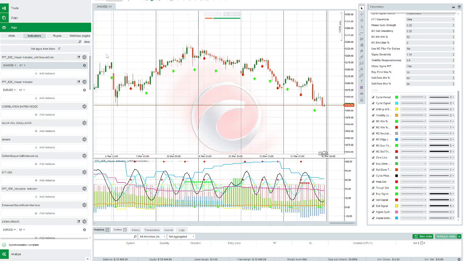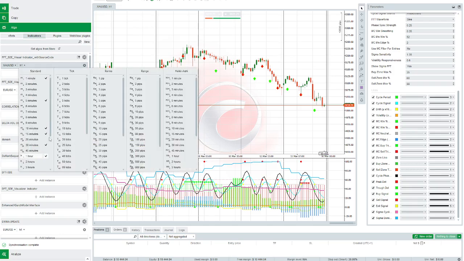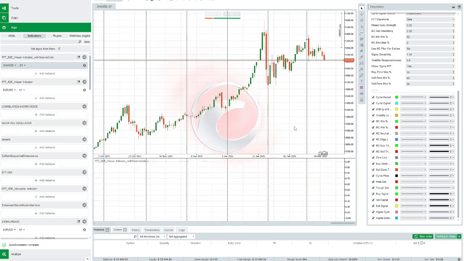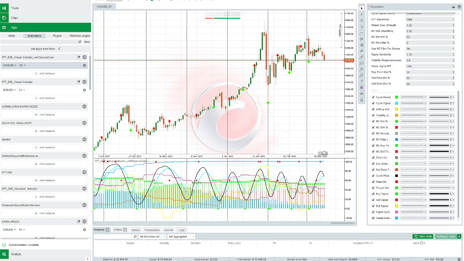If you are on gold 1 hour, it's quite useful, perhaps also on longer time frames, because then you are able to see the long-term cyclicality of the thing that you are trading. And now you see what the curve is.